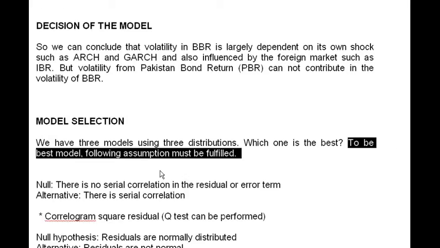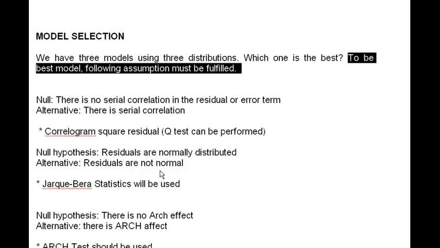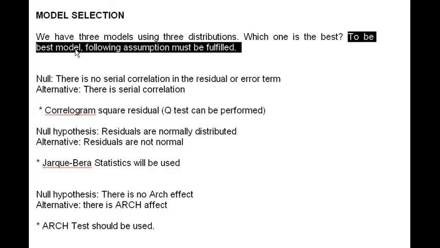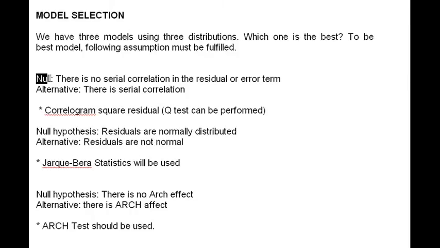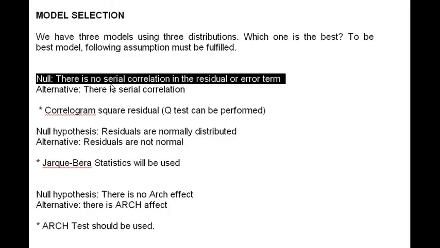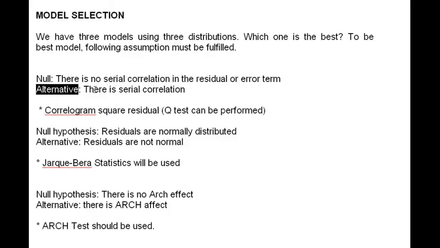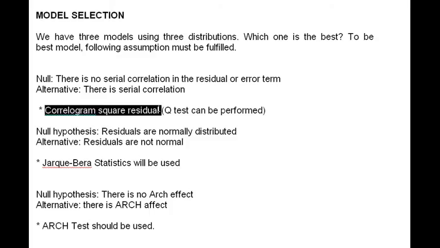So here we have three assumptions. First assumption, null hypothesis: there is no serial correlation. Alternative: there is serial correlation. How to check it? Using correlogram of squared residuals or Q-test.